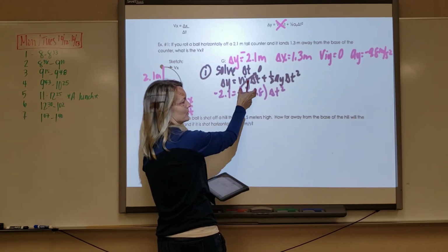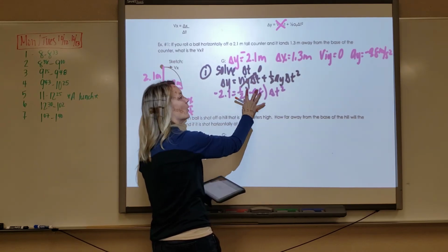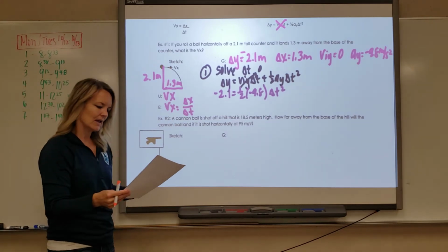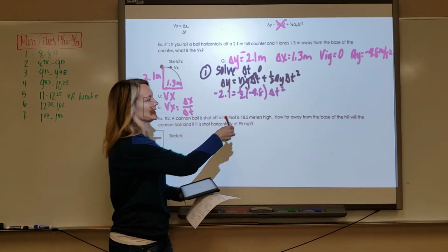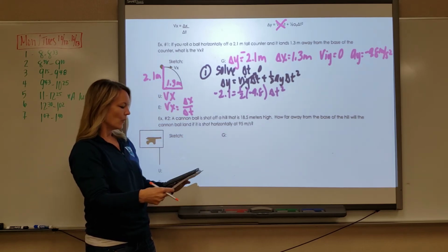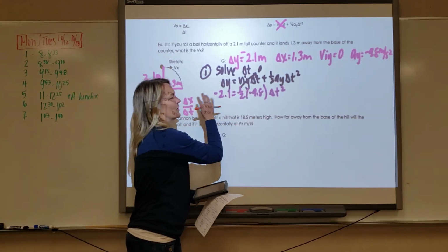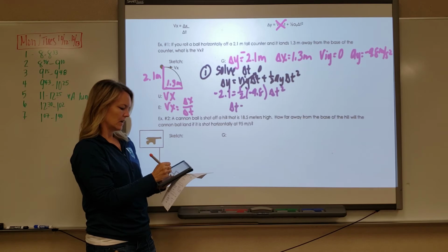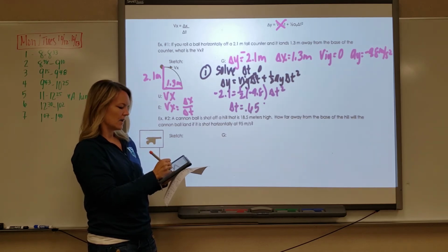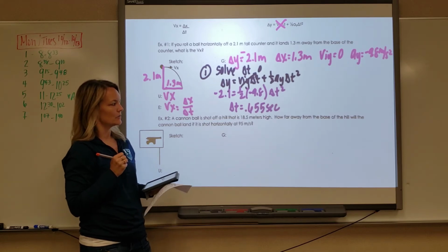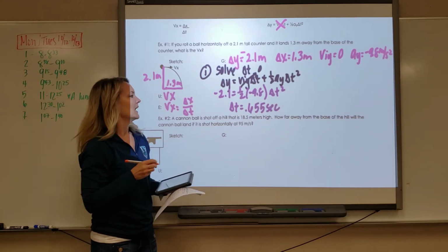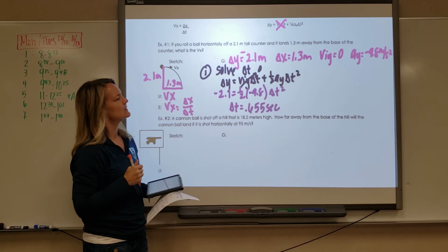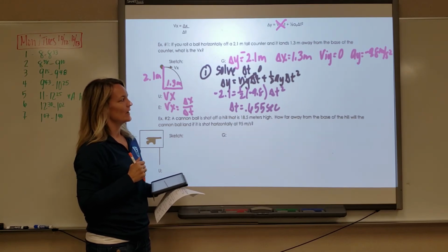These 2 numbers, you can multiply them together first to get negative 4.9, or you can divide them individually. Last step, you have to square root, because that will be equal to t squared, not t. Once you do the math on that, dividing over square rooting, you should get t is equal to 0.655 seconds. And you can certainly round differently than I do, but we're just getting ourselves a t. I went to 3 decimals because that's where I saw a nice break on the calculator. All right, moving on from here.